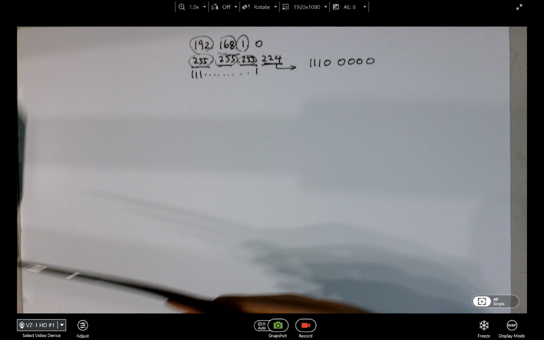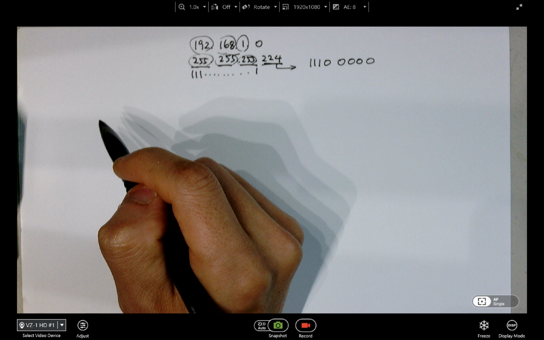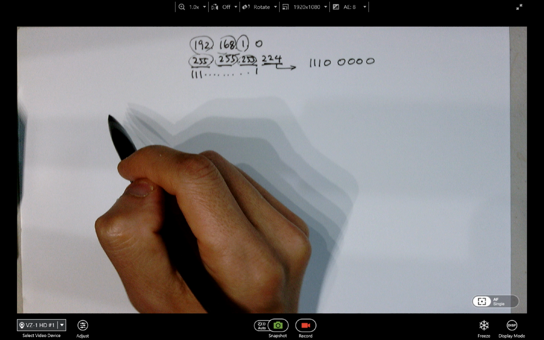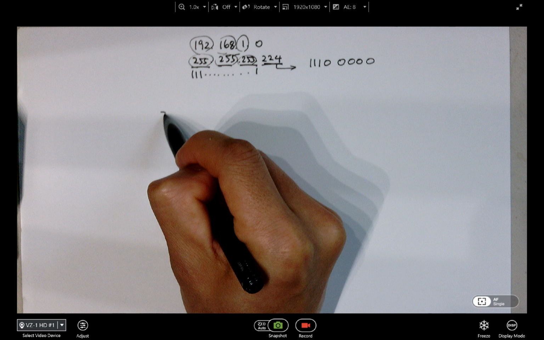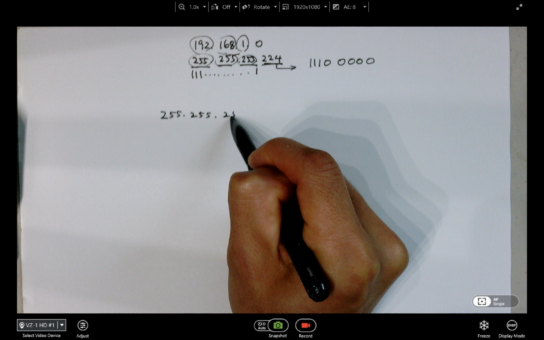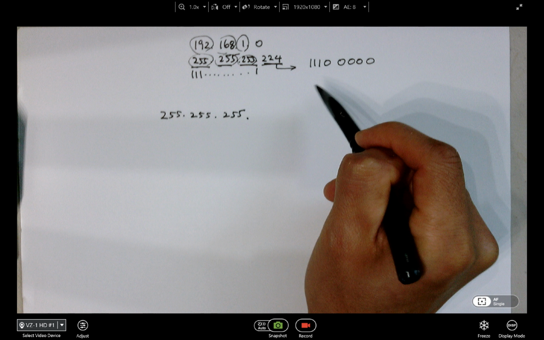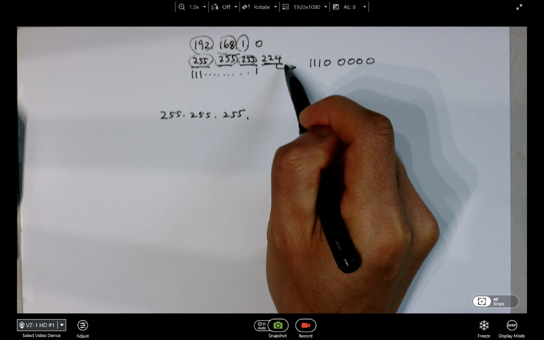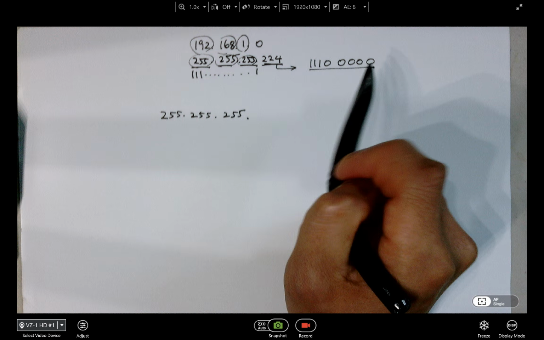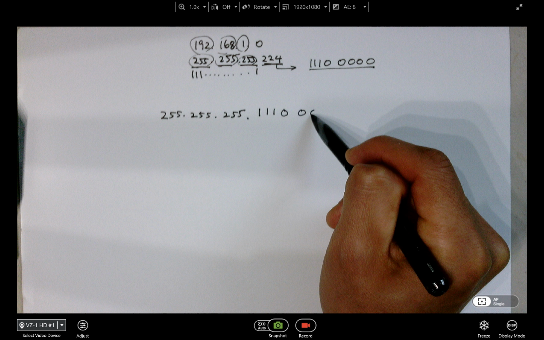So first, let's just write the subnet mask first. 255.255.255, and then the binary number for the 224, which is 11100000.